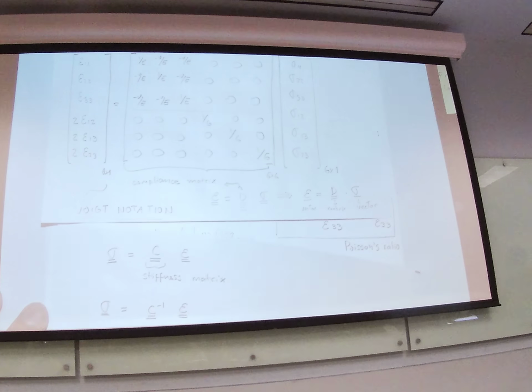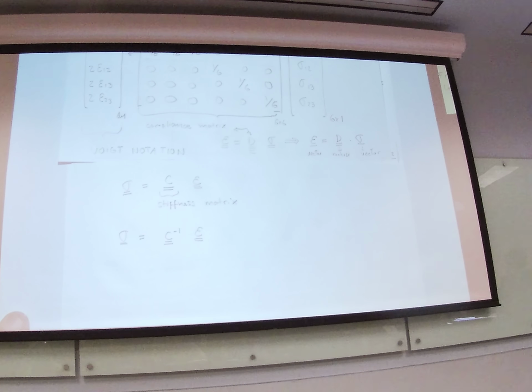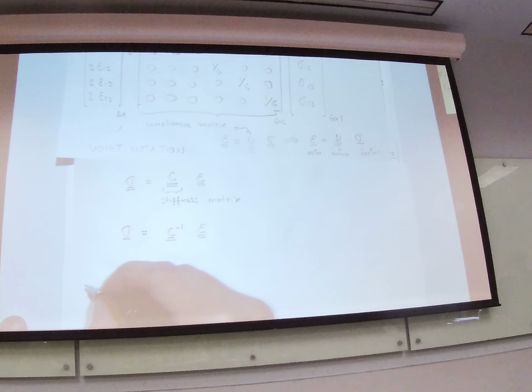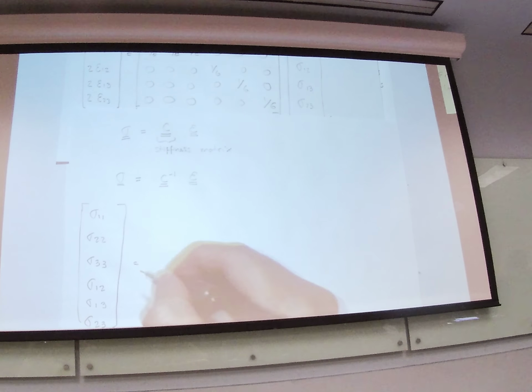But we're not going to go through that because that's going to be a lot of work to do an inverse of a matrix here. So I'm just going to put straight the result, and this is going to look something like this.